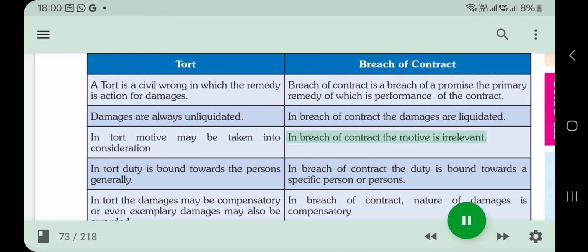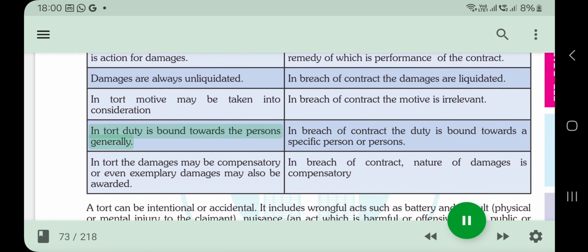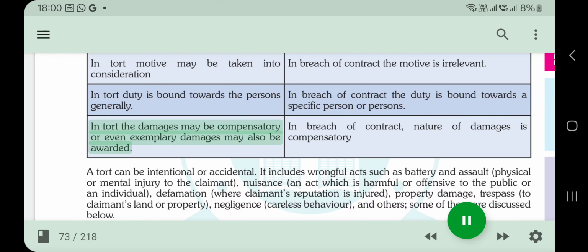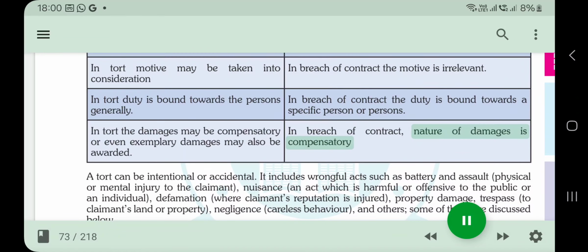In breach of contract, the motive is irrelevant. In tort, duty is bound towards the persons generally. In breach of contract, the duty is bound towards a specific person or persons. In tort, the damages may be compensatory or even exemplary damages may also be awarded. In breach of contract, nature of damages is compensatory.